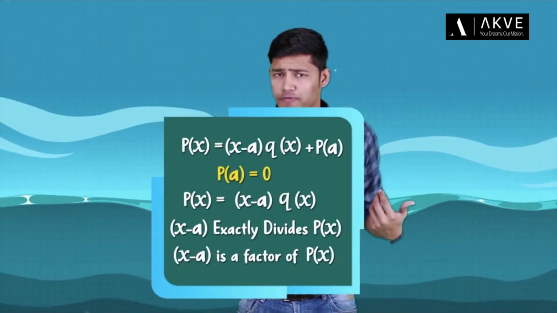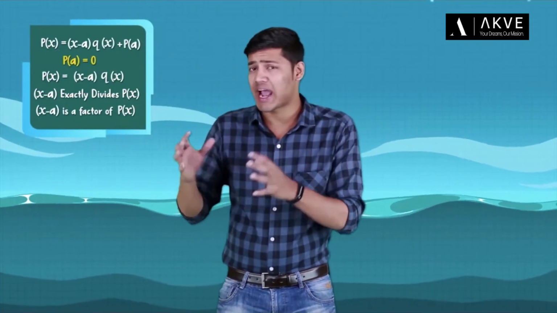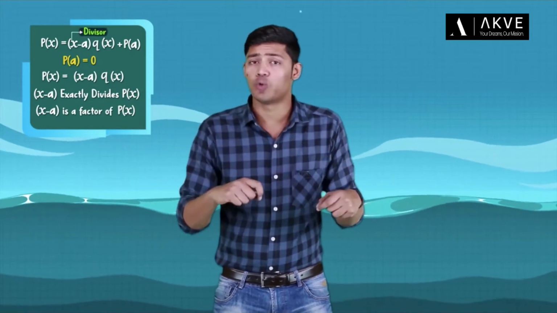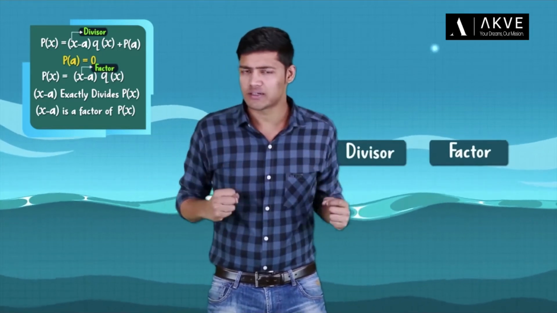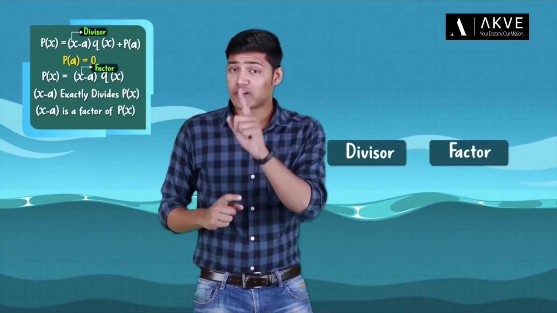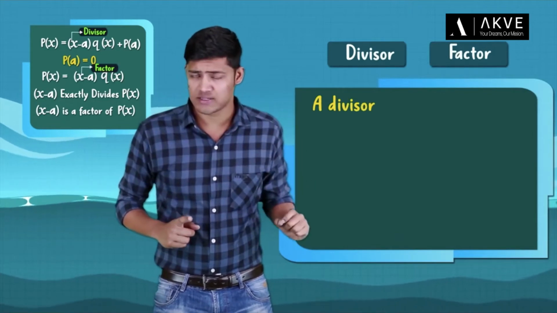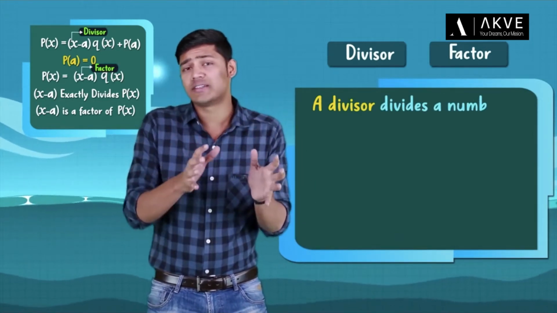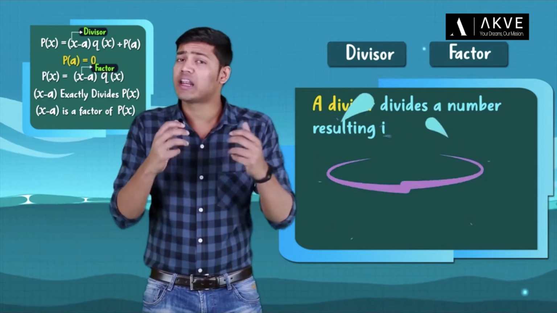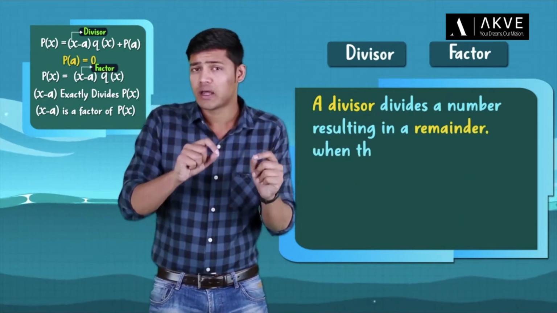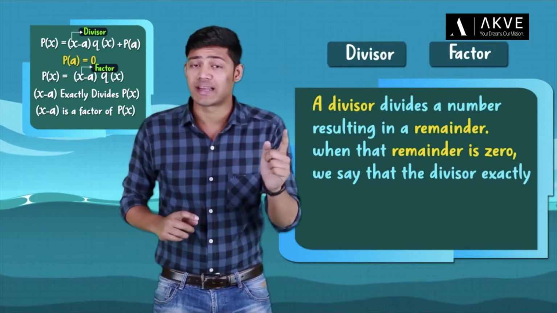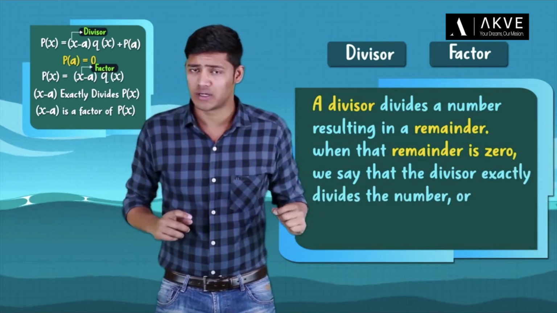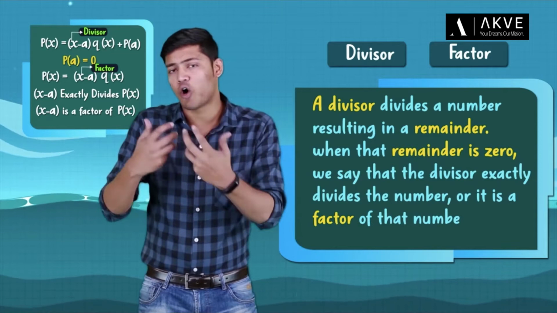We started off by taking x minus a as a divisor, and now we are talking about it being a factor. What's the difference between a divisor and a factor? Well, a divisor divides a number resulting in a remainder. When that remainder is 0, we say that the divisor exactly divides the number, or it is a factor of that number.